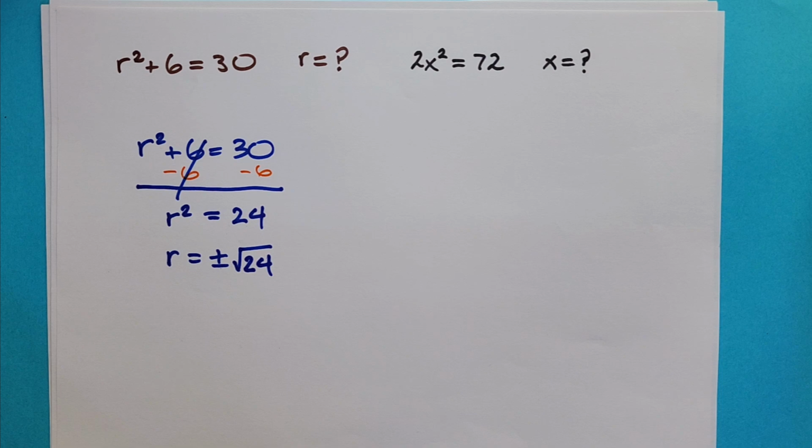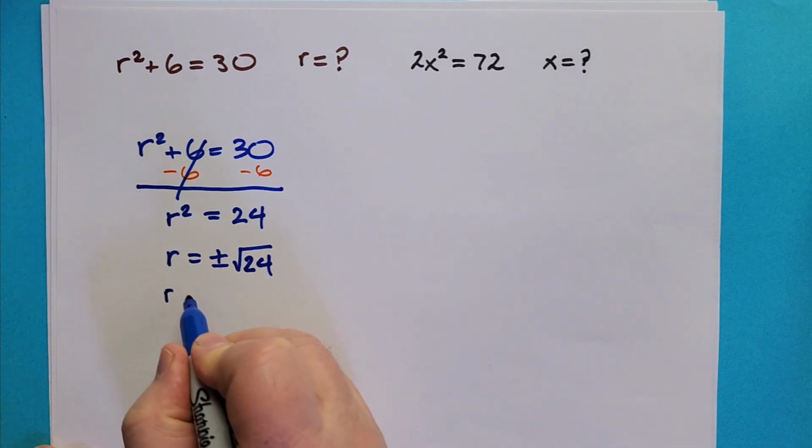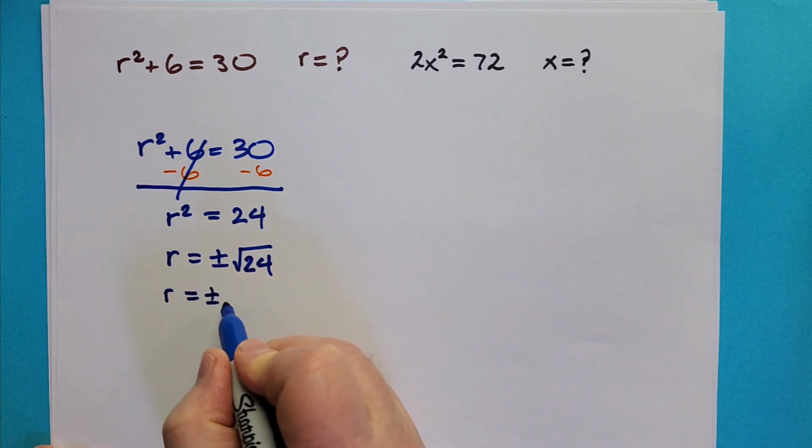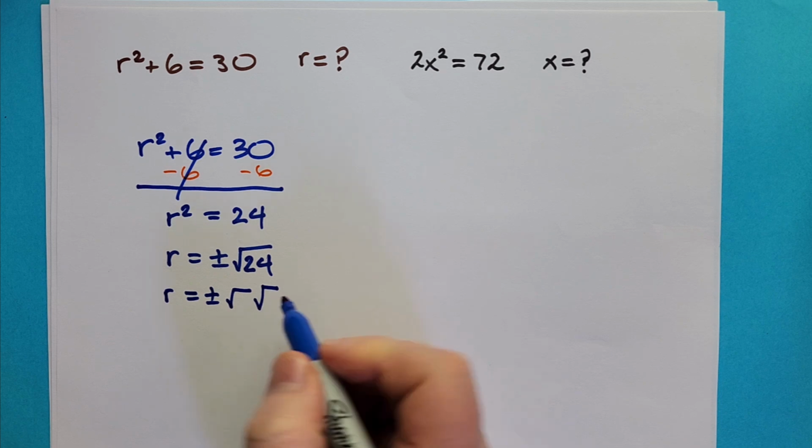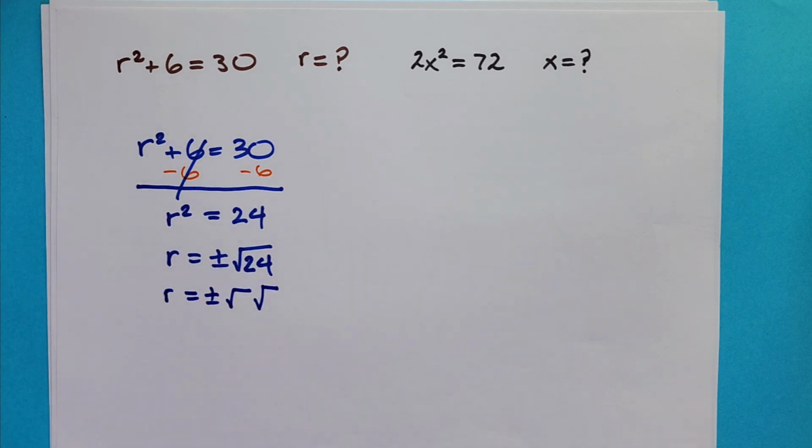Now one option is also to approximate with a calculator, but I'm going to go ahead and simplify this in terms of radicals. So we're going to go ahead and rewrite this as r equals plus or minus, and then I'm going to factor underneath the square root symbol. And the perfect square that actually divides 24, which is why simplifying is possible, is 4.